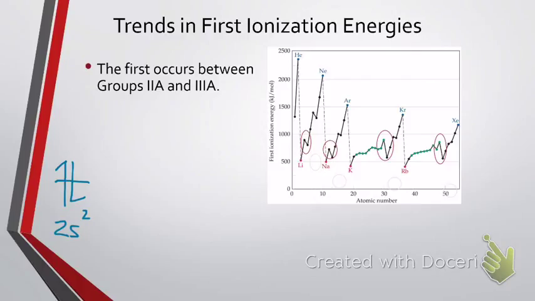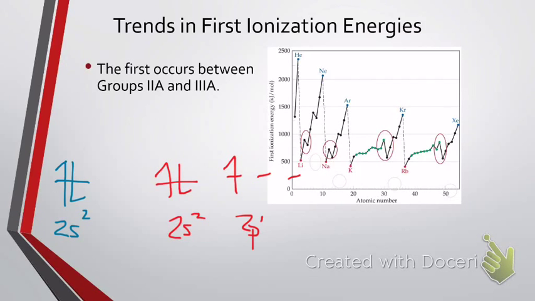Whereas if it was group 3A, which is boron, it's going to have 3 electrons in its valence. So it's going to be 2s2, 2p1. So the s orbitals are completely full, but you just have 1 lone electron in the p orbitals.